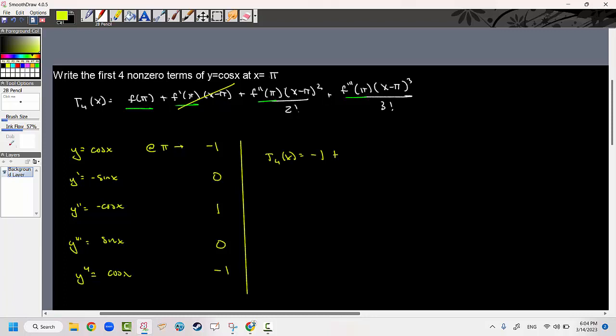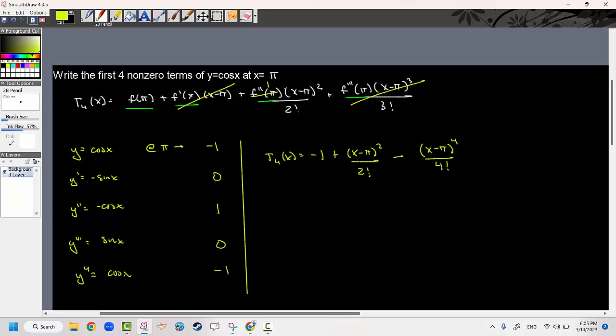So plus 1 times x minus pi squared over 2 factorial. My y triple prime is sine of pi, which is 0, so this guy's dead, which means I have to go now to my next term, which is going to be negative, right? Because good thing we took 4 derivatives. And it'll be 1 times x minus pi to the 4th over 4 factorial.